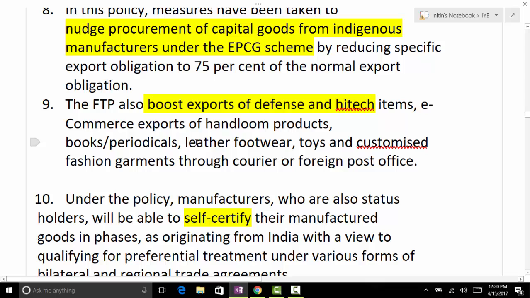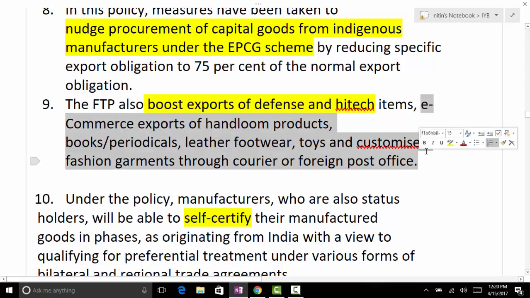Then it also discusses export of defense and high tech items, e-commerce exports of handloom products, leather footwear, toys, customized fashion garments for courier or foreign post office.